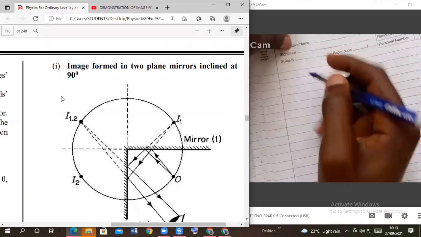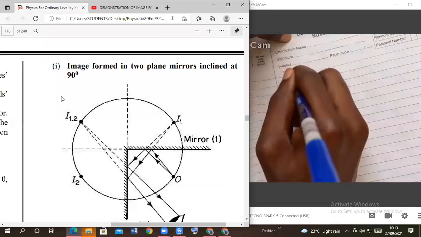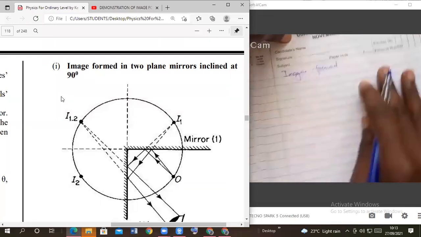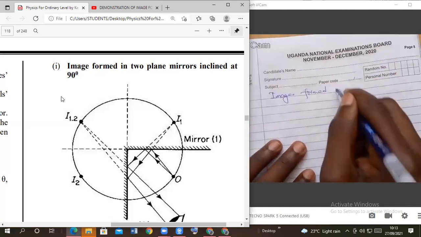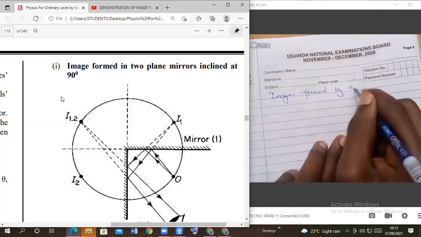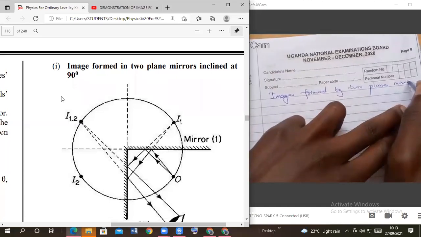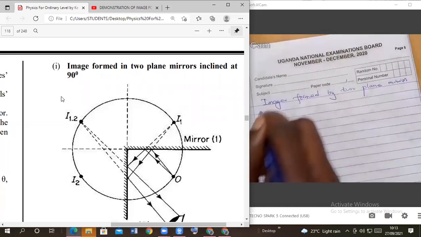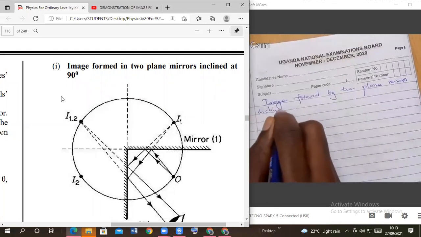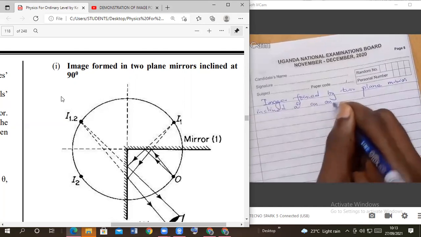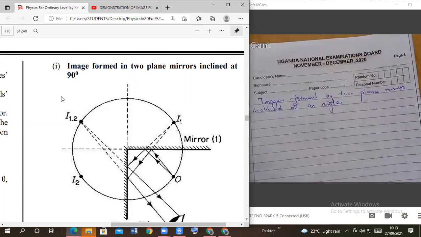So our heading is: images formed by two plane mirrors inclined at an angle. That's our heading.